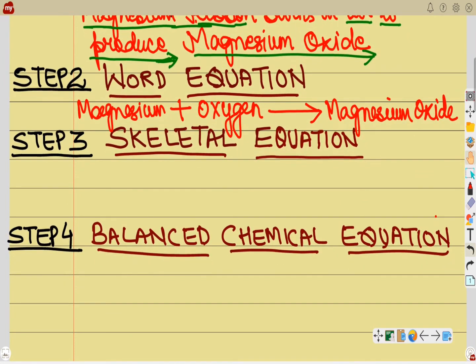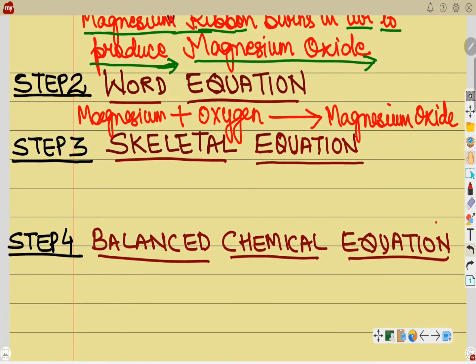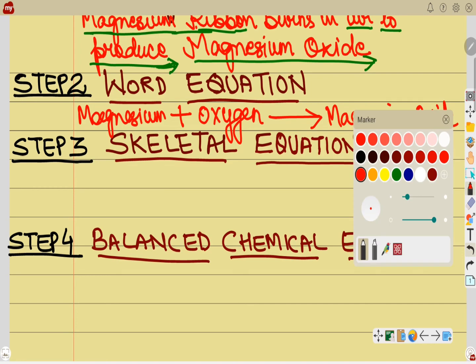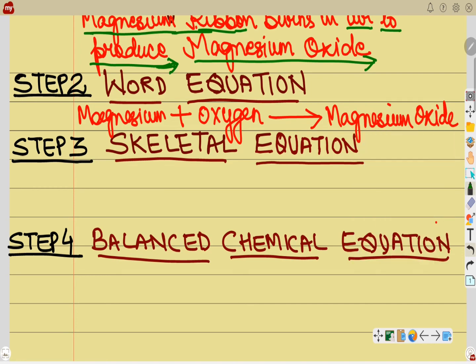From the word equation, we shall move on to the skeletal chemical equation. How will you write that? You will write their symbols, which you have already studied in class 9. What is the symbol of magnesium? The symbol of magnesium is Mg. And plus oxygen is O2. Then the same arrow, which shows the direction in which the chemical reaction is proceeding, and the product is magnesium oxide.